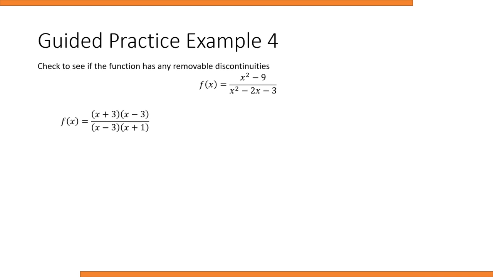And the bottom factors into x minus 3 times x plus 1. So I can see that I have a common factor, x minus 3, that shows up in the numerator and denominator. That means when I hit a value that causes those both to be 0, I get an undefined. This is a removable discontinuity. So when x minus 3 equals 0, which happens at x equals 3, I have a removable discontinuity.